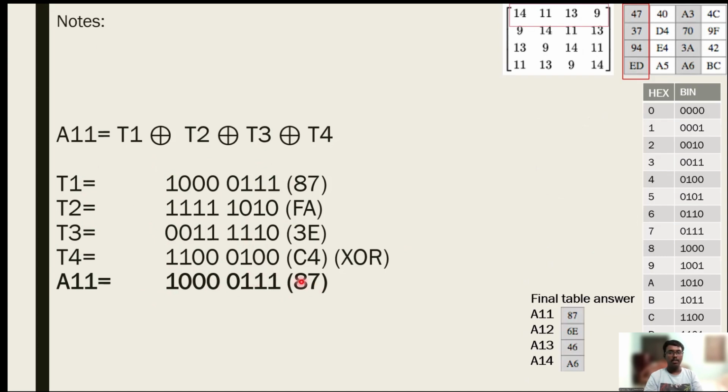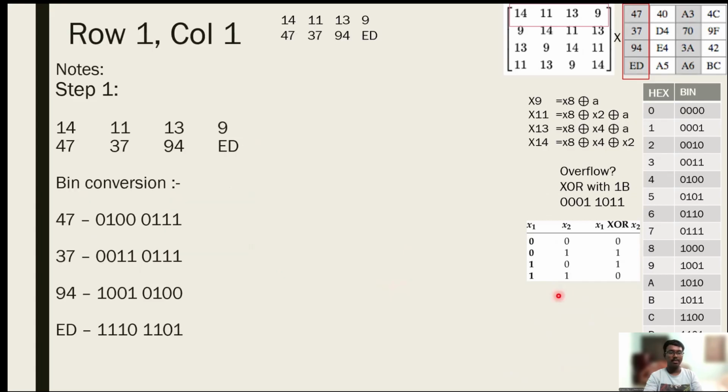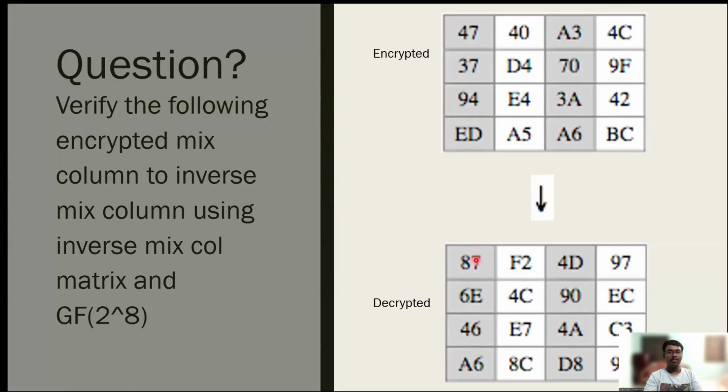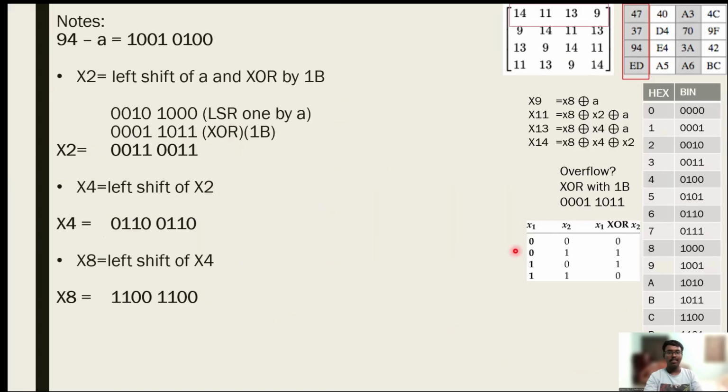So this is the answer for the first column, 87. You may see this is the final table answer that we have already seen in the previous slide. I just took a screenshot of that: 87, 6E, 46, 81. This is the answer we are going to get for the inverse column in this one.